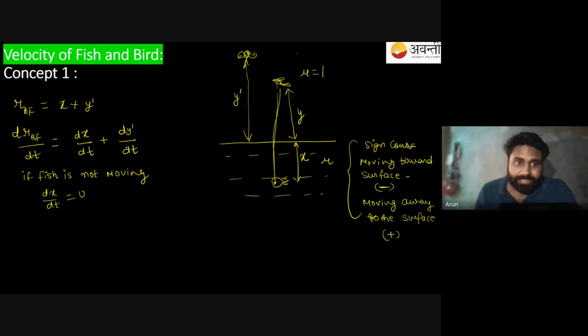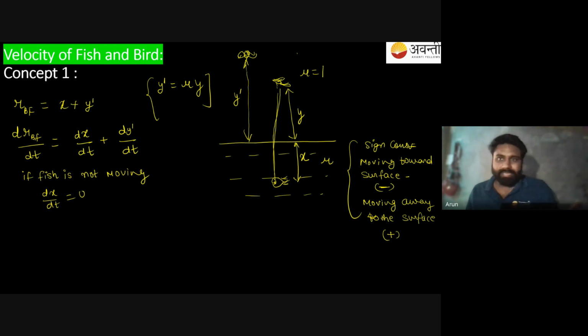Put the value of y dash: y dash is nothing but mu times y. From the previous case, it is mu times the real depth, and the real depth here is y. So put this value: it is 0 plus mu times dy by dt.